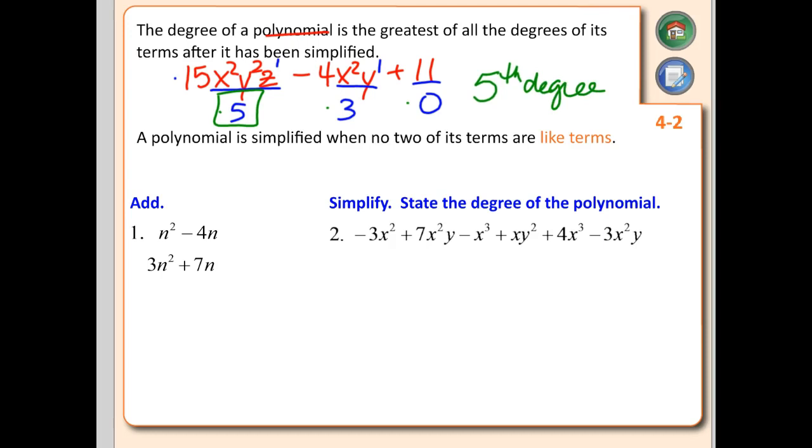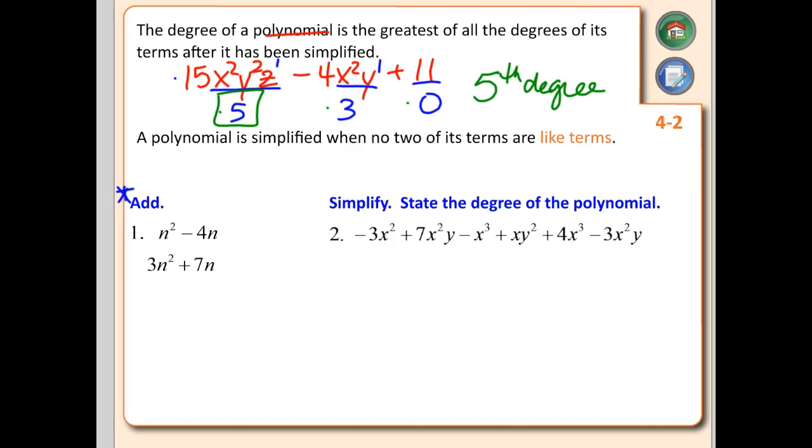Now, we're going to see a polynomial is simplified when no two of its terms are like terms. So if there's no like terms, then we're done. Now, we're going to see in the book they're wanting us to add our polynomials, okay? When they say add, I'm really just collecting like terms. There are 2 ways to get the job done.